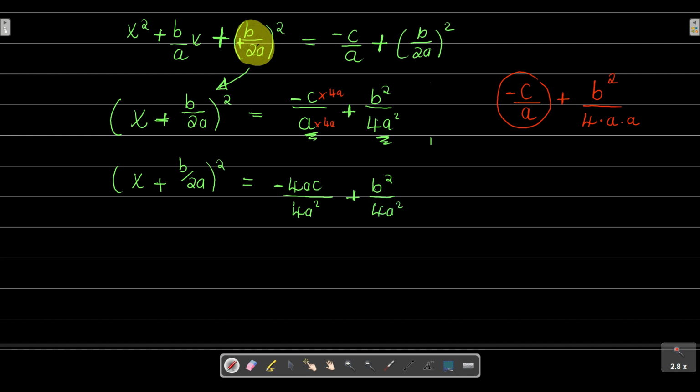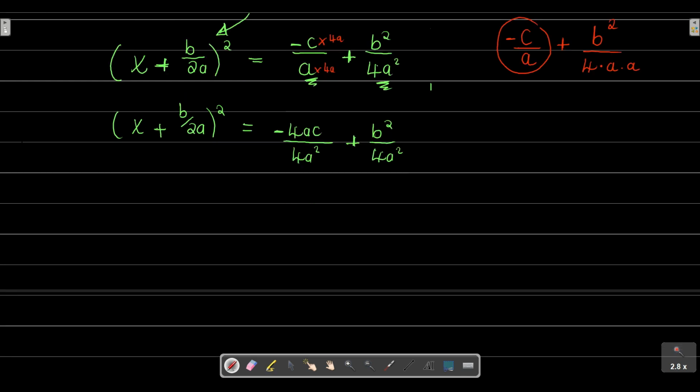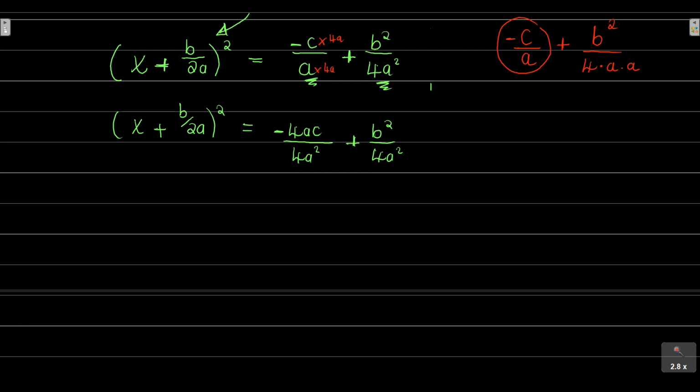Now this is nice. We can see that our denominators are the same, so we can further simplify our right-hand side. We are still keeping the left-hand side the way that it is, so it's b over 2a all squared, which is equal to, we can now add our numerators because our denominators are the same.